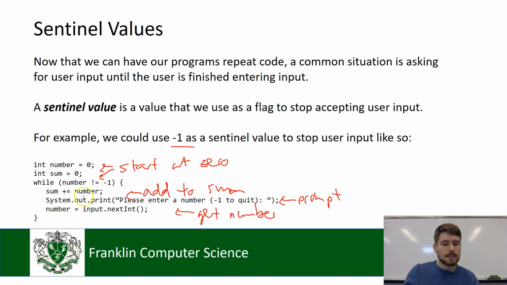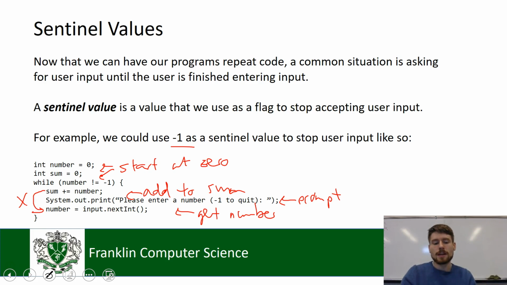So why is it that we want this? We don't want to put the sum below. This is bad. We don't want the sum down at the bottom. It just has to do with the last time that they type in a number. If the user were to type -1 in, which is our sentinel value, the one we don't want to add to all the numbers, then we would add that number to sum and then hit the while loop test and quit out.